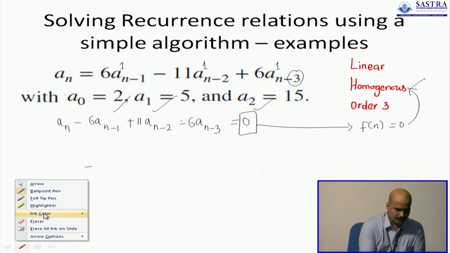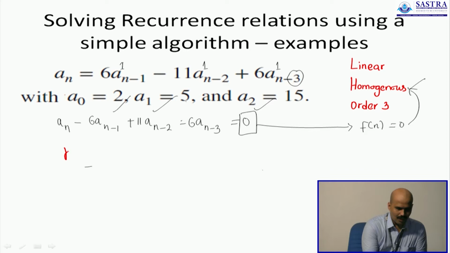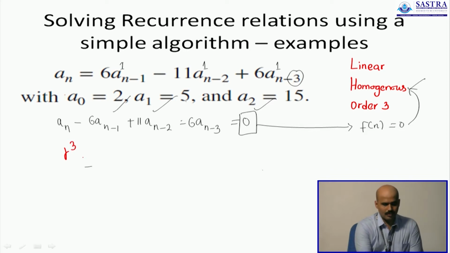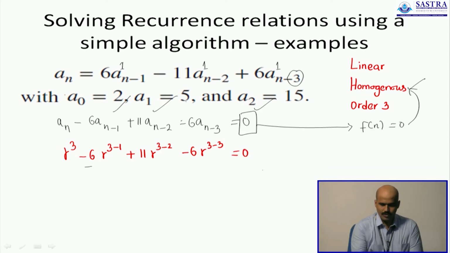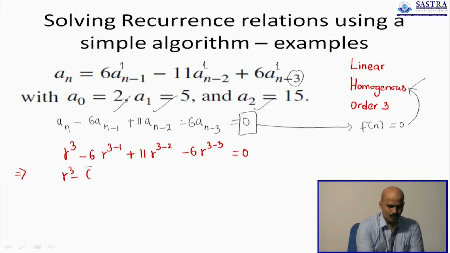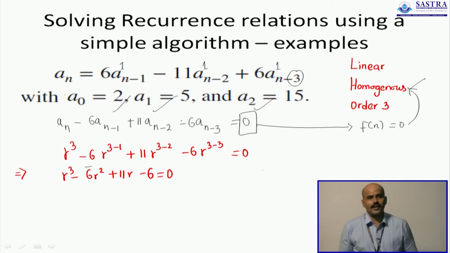Therefore, we have r power 3 as the first term, minus 6 times r to the power of 3 minus 1 as the second, plus 11 times r to the power of 3 minus 2 as the third, and minus 6 times r to the power of 3 minus 3. So, in fact, you will have a cubic equation of this form, r cube minus 6r square plus 11r minus 6 equaling 0.